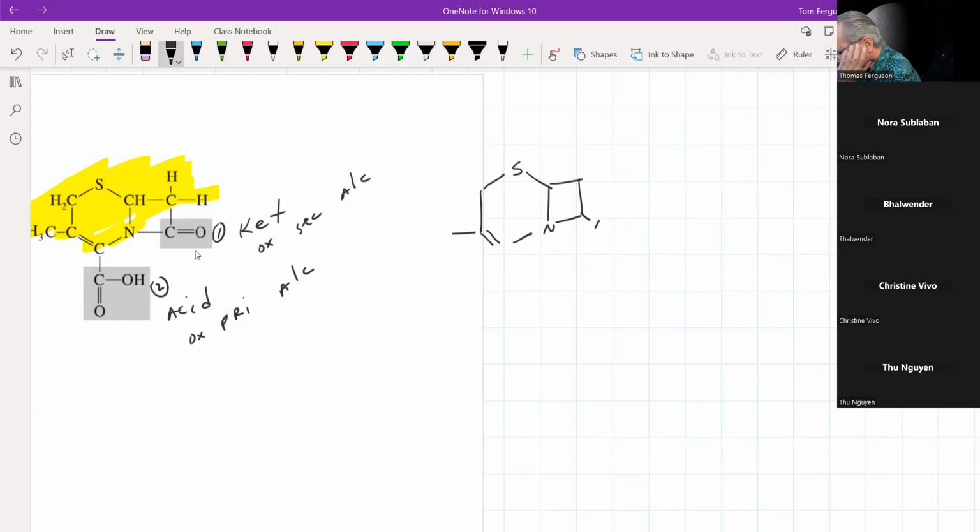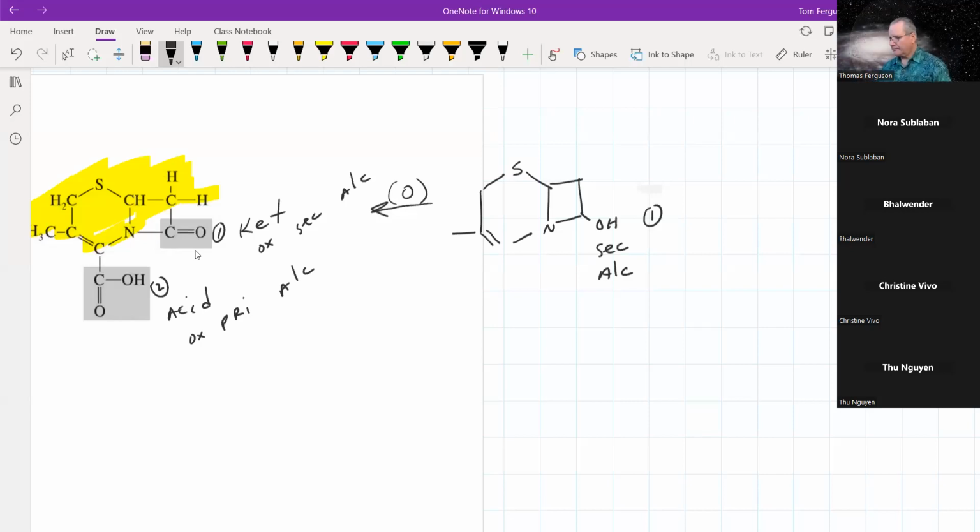This has to be a secondary alcohol. Okay, so that secondary alcohol gets oxidized, producing this ketone. And I forgot to add the acid down here also.